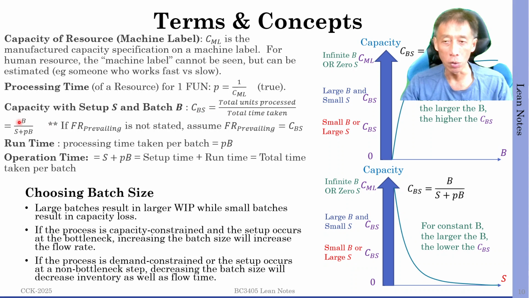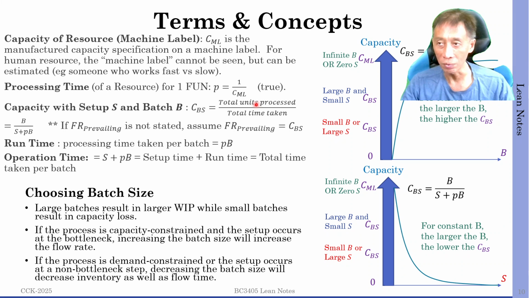Then we have formulas, but these formulas are only applicable when you make certain assumptions. But with this one, total units processed, you can have arbitrary mix and match. Like setup time is 1 minute for the first tray, 2 minutes for the second tray, 3 minutes for the third tray, and then back to 2, back to 1.